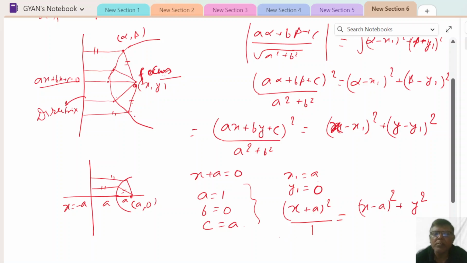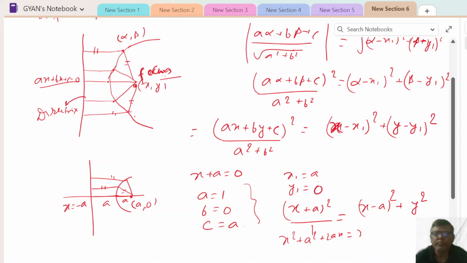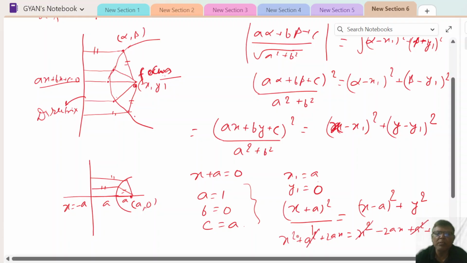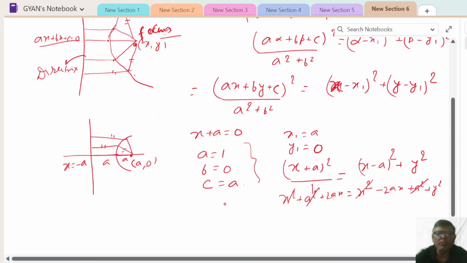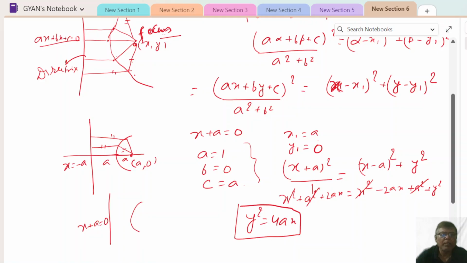So x square plus a square plus 2ax is equal to x square minus 2ax plus a square plus y square. The a square and x square get cancelled. Then the equation will be y square is equal to 4ax. This is the parabola having directrix x plus a is equal to 0 and focus (a, 0).